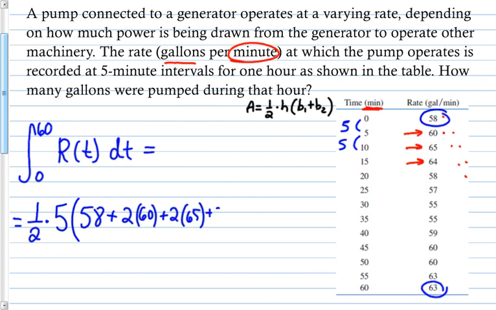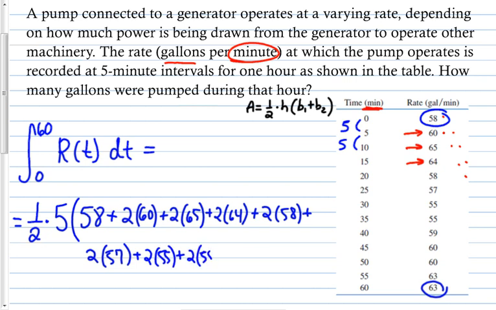Plus 2 times 64 plus 2 times 58. And I'm just going to keep writing it, okay? Alright, I finished writing it.